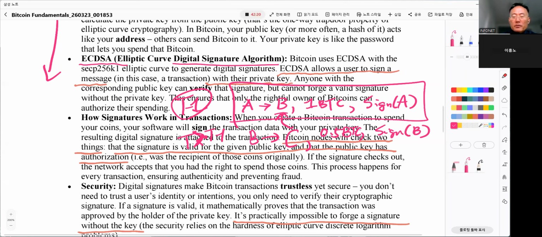Okay, so that's the signature. Then this transaction can be utilized so that B can send another person some of the money he got through this transaction. Okay, so that's what it is.